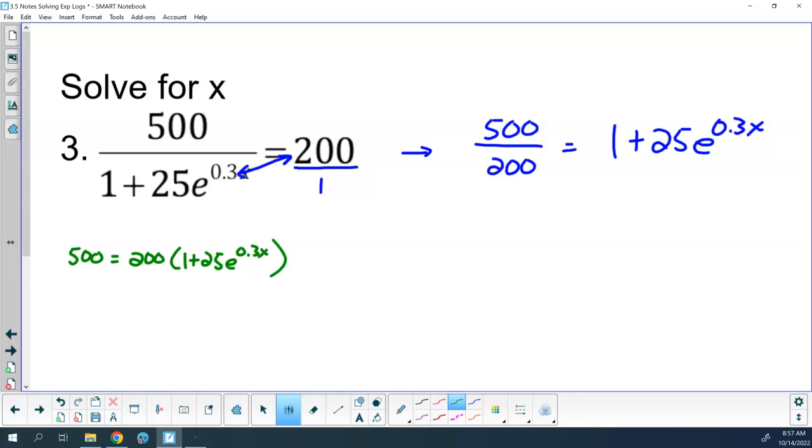Then we would have divided both sides by 200, and we would have been in that spot, which is why we can do that. 500 divided by 200 is just 5 halves.